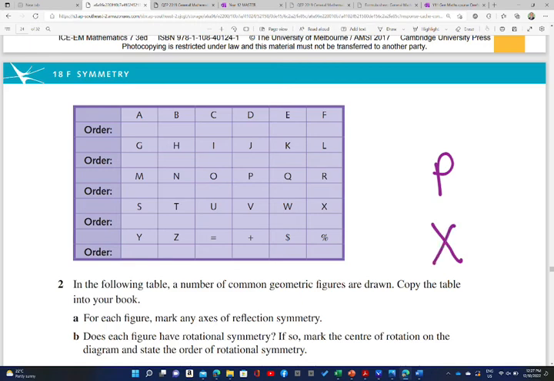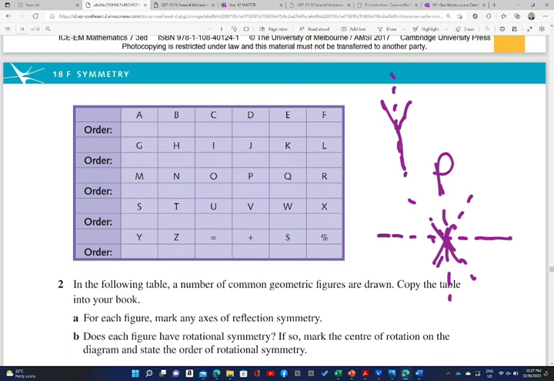X is no big deal. Just remember it's got symmetry across here, across there, horizontally, diagonally. Right? Okay? And down the middle. Anything else? That's it. Okay? All right.